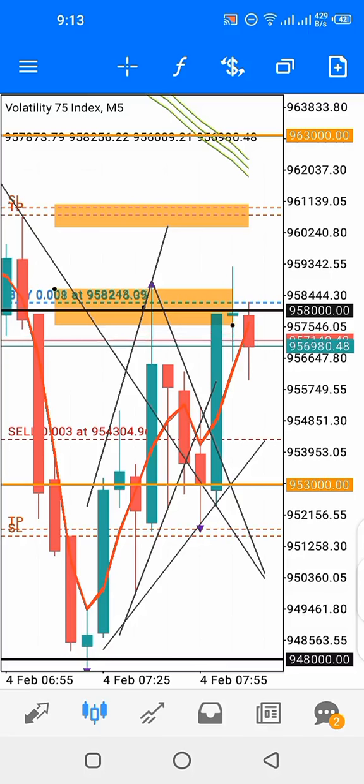If the buyers push price up, my trades will close in break even, and then the trade session will be over. But for now, I'll have to do some waiting to see what happens at the end of the day.